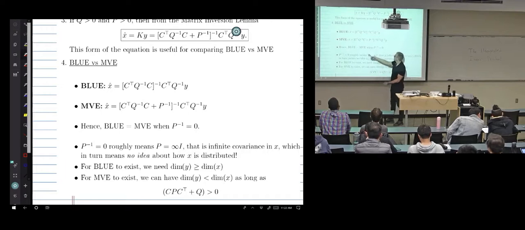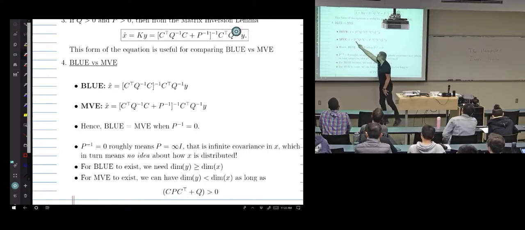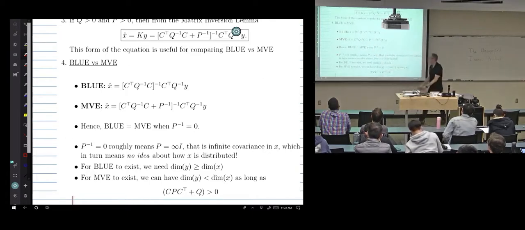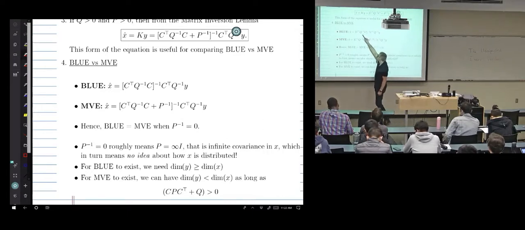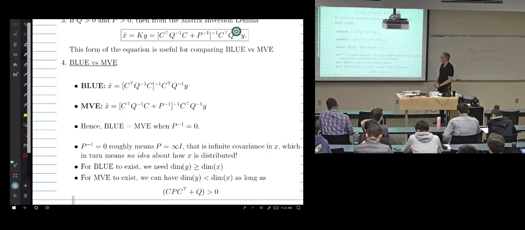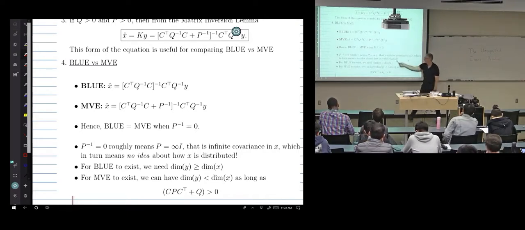So when you give yourself side information about X, that's how you're reducing the overall uncertainty in your estimate. So it's pretty cool. So BLUE, which we thought was already interesting because it showed us how we get the information matrix in here when we do weighted least squares, is still kind of strange because we're not giving ourselves any a priori idea about the spread in X. We're assuming it's equally likely to be anywhere.